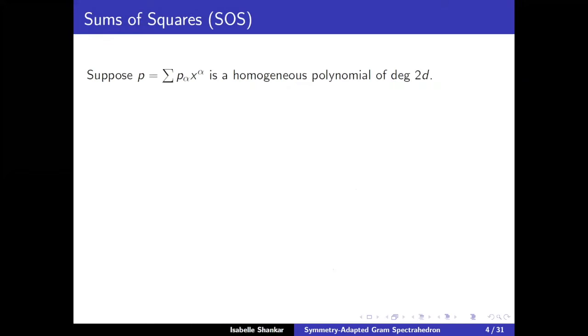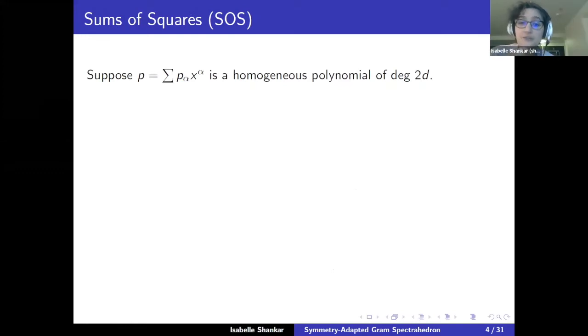Is that already true in two variables, or how many variables do you need to get to that? For there to be a difference? Mm-hmm. Yeah, so Hilbert actually proved that in the case, so I'm going to talk about homogeneous polynomials. Everything in this will be homogeneous. So in the homogeneous case, yeah, in two variables, they're still the same. So the cone of positive polynomials and sums of squares polynomials are the same.